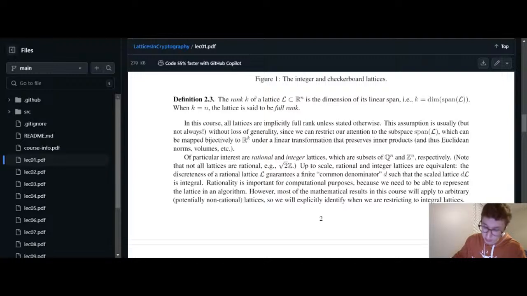The rank of a lattice, where L is a subset of Rn, is dimension. I don't know if that's how it works though. You take the linear span? Maybe.